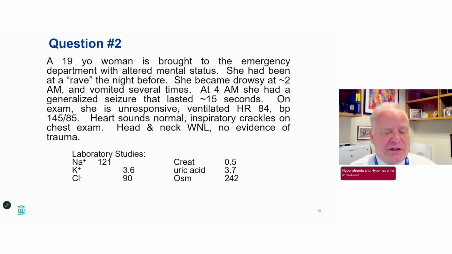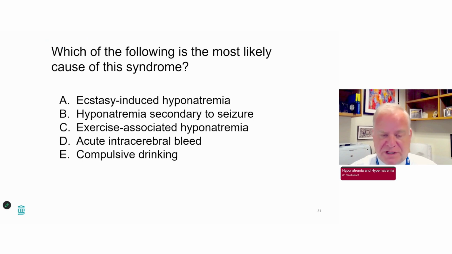And she's got a very low serum sodium, but not profoundly low. And she does have hypotonic hyponatremia with an osmolality of 242. So which of the following is the most likely cause of this syndrome? Ecstasy-induced hyponatremia, hyponatremia secondary to a seizure, exercise-associated hyponatremia, acute intracerebral bleed, and compulsive drinking.